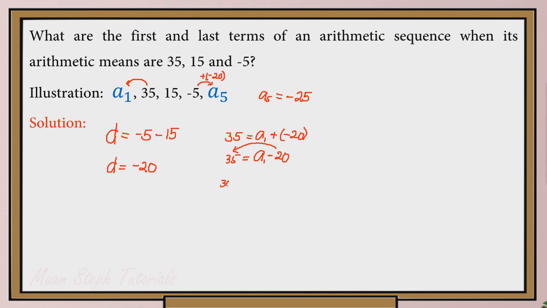So, we have 35 plus 20 equals a1. Okay, so 35 plus 20, kaya yung first term natin ay 55. So to check, 55 minus 20, that is 35. 35 minus 20, 15. And then 15 minus 20, that is negative 5, and so on.